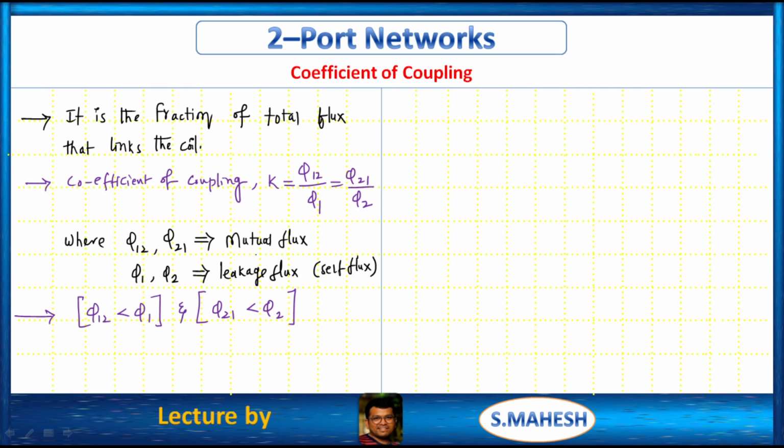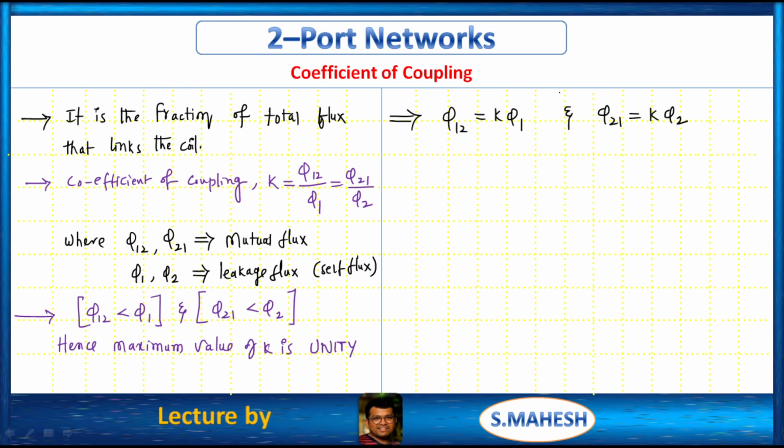Hence the maximum value of K is unity. Let us say phi 1 2 is equal to k into phi 1 and phi 2 1 is equal to k into phi 2, like that, right? So the maximum value is nothing but unity only.